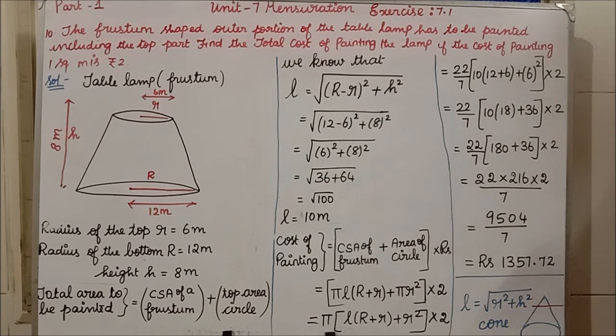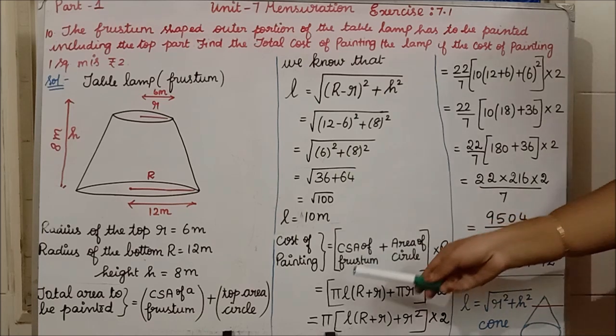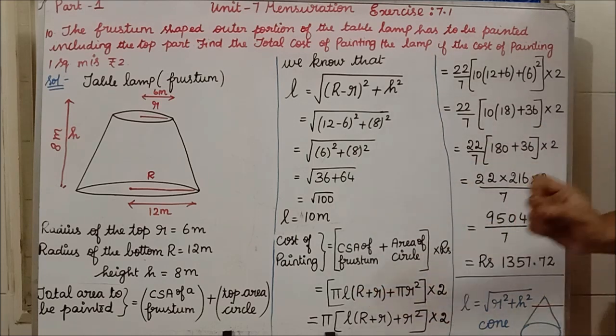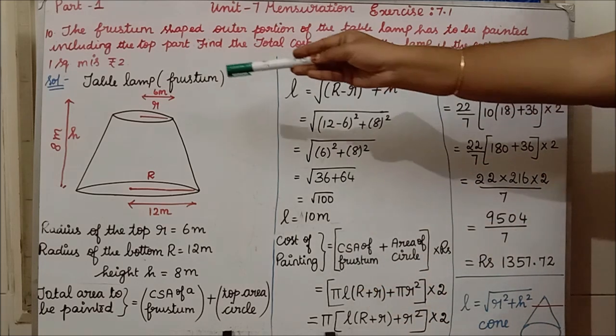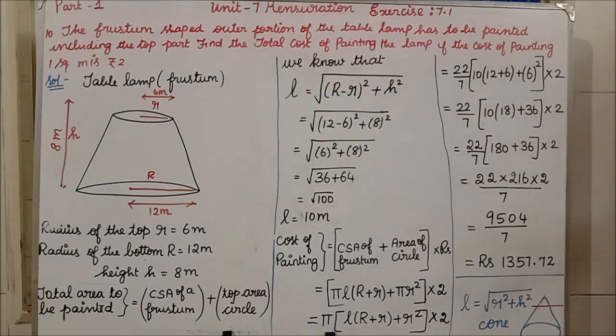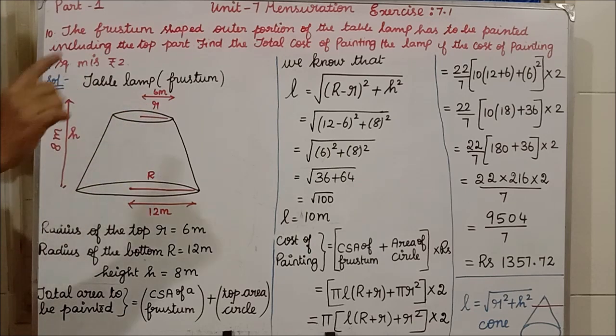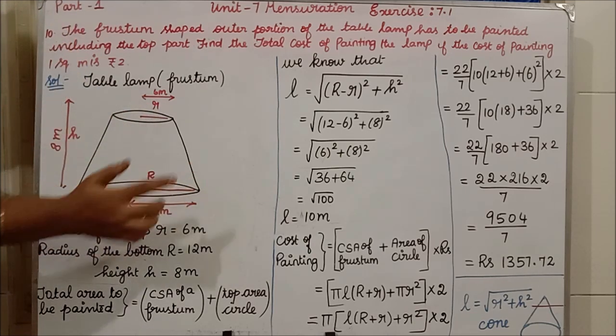Here the CSA of the frustum formula is pi L into capital R plus small r. Okay, total surface area of a frustum means what value will you get? The same formula only you will get. In that, what is in the top? Circle form. So that circle plus, what is the area of a circle formula? Pi r square. So pi small r square plus pi capital R square.